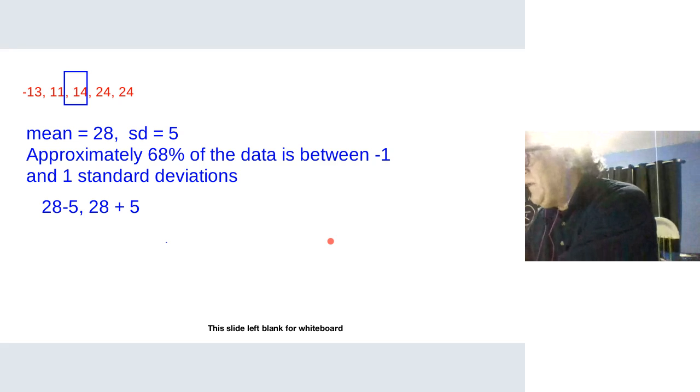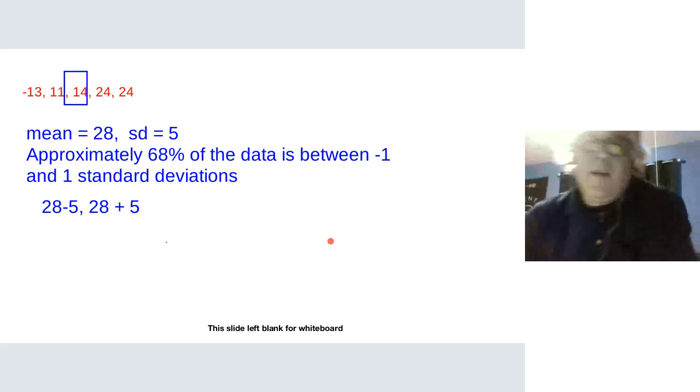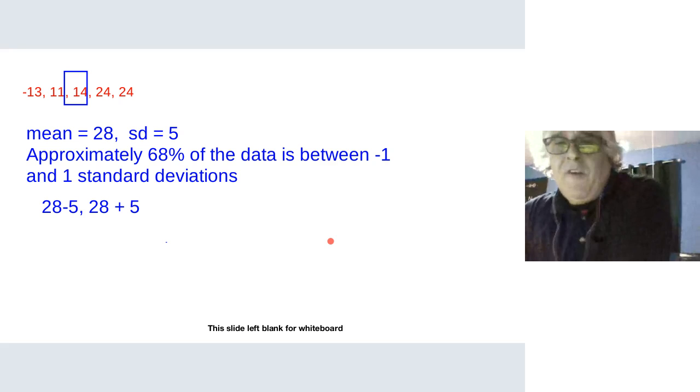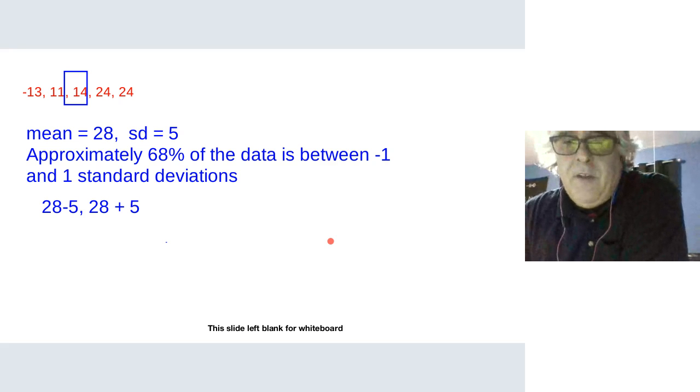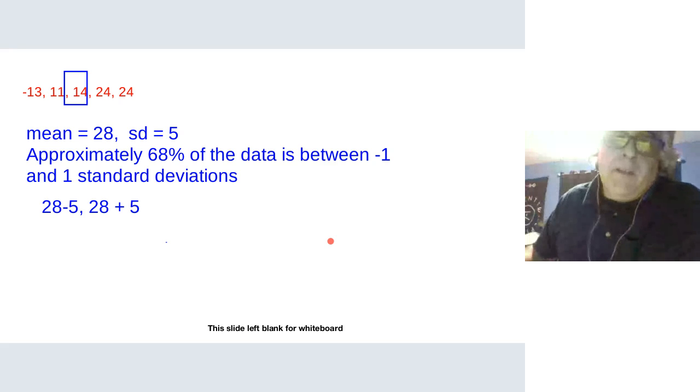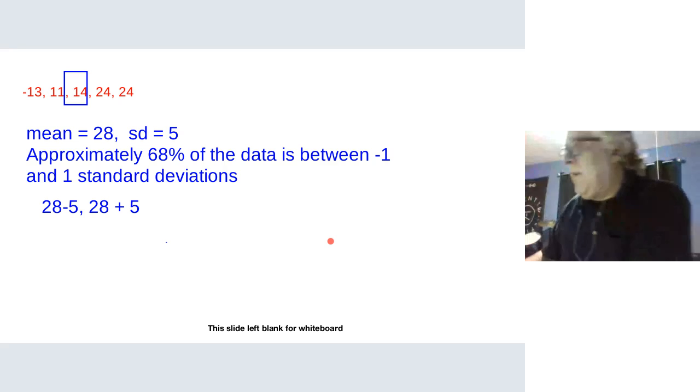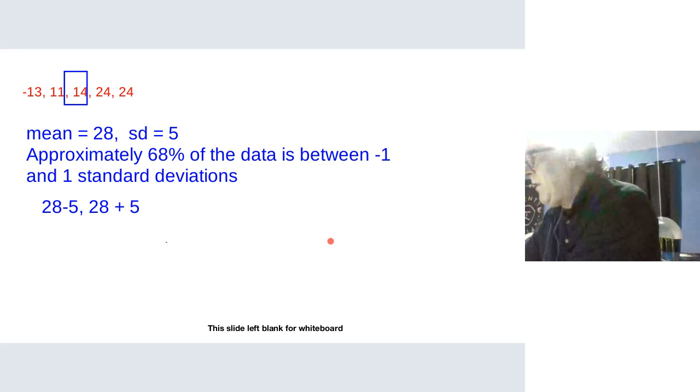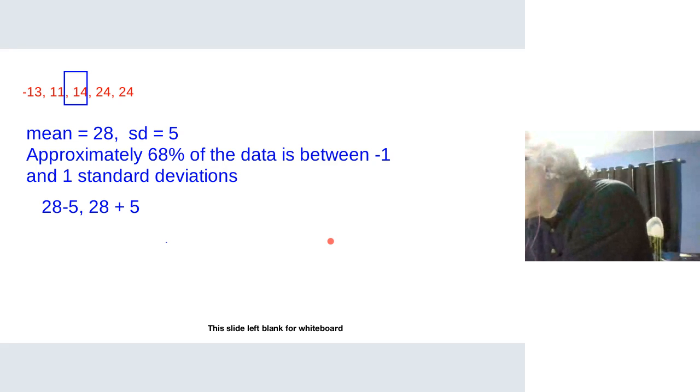If it, for example, had said 95%, then you would multiply the 5 by 2 to get the 2 standard deviations, and that would be 10, so you would subtract 10 and add 10. So then this ends up being 23, right?